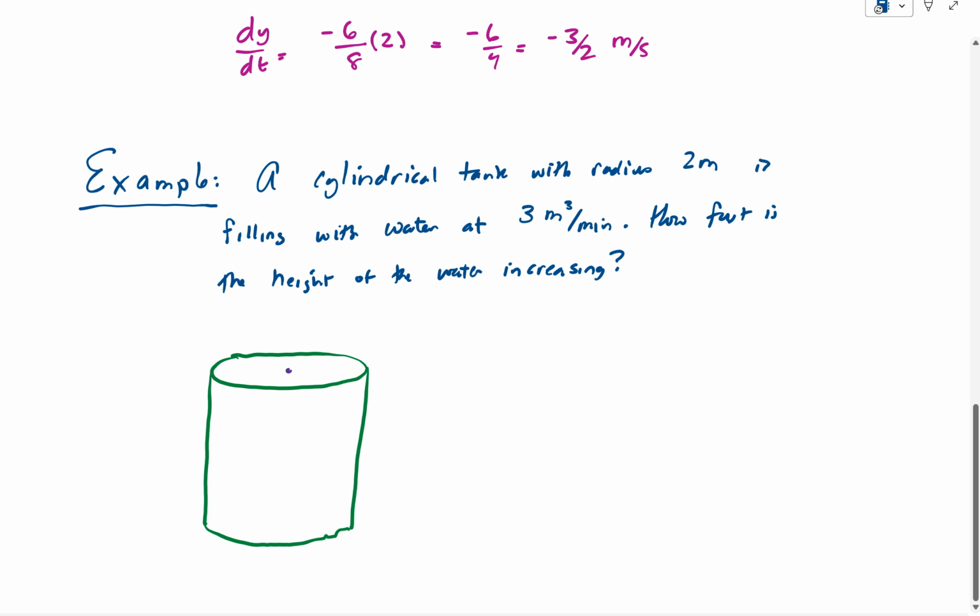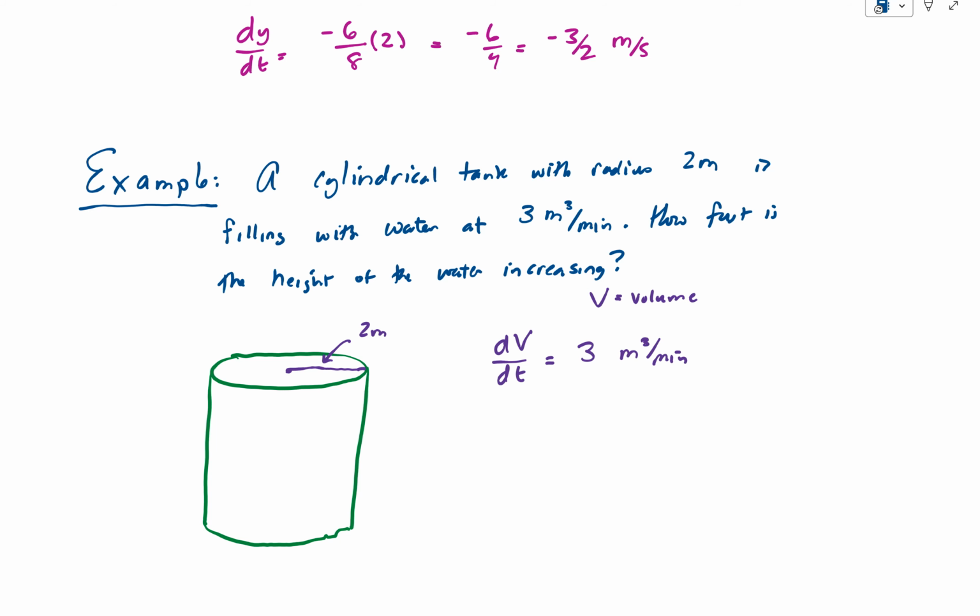We know the radius here is 2 meters. And then I know that my volume, dV dt, so if V is volume, this is changing at 3 meters cubed per minute.